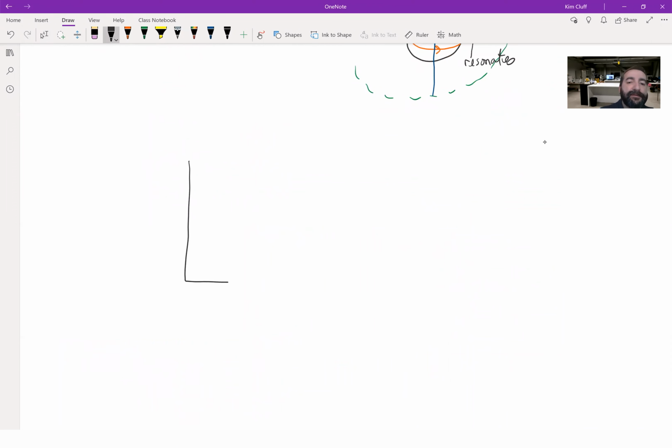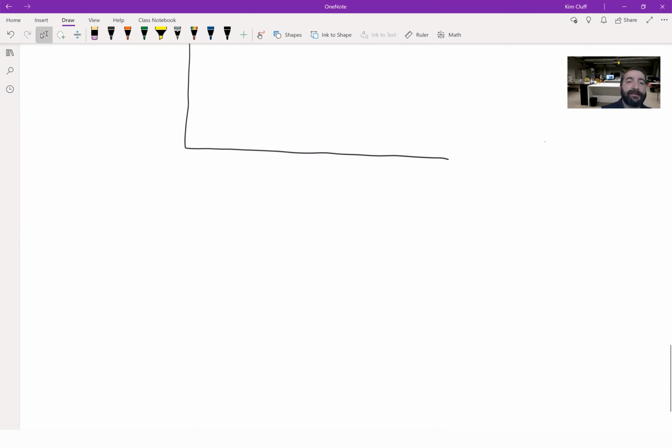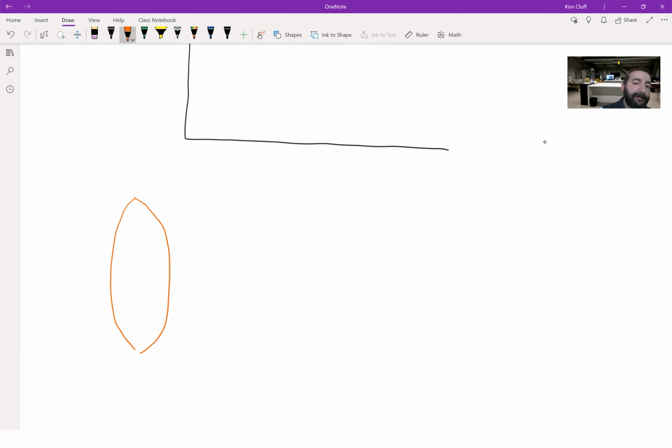In fact, let me show you. If I drew a graph, let's say, let me draw down here. Let's say I have a tube in an MRI machine, and then I've put a patient inside the tube.